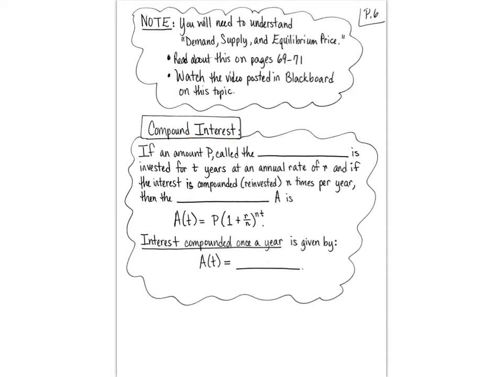If an amount P, called the present value, is invested for T years at an annual rate of R, and if the interest is compounded or reinvested n times per year, then the future value A is given by the equation A of T equals P times the quantity 1 plus R divided by n, raised to the n times T. This is an important equation.